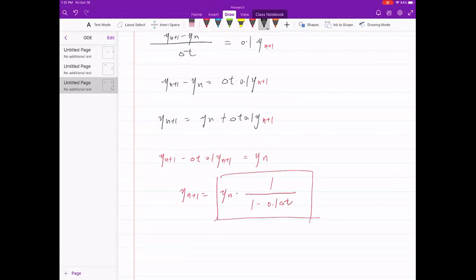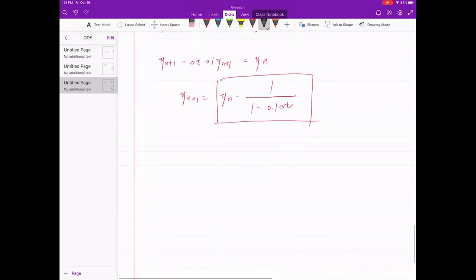That's basically the difference. That's the explicit. To be more precise, it's 1 plus delta t times 0.01 times yn. Okay. Now we have the implicit.